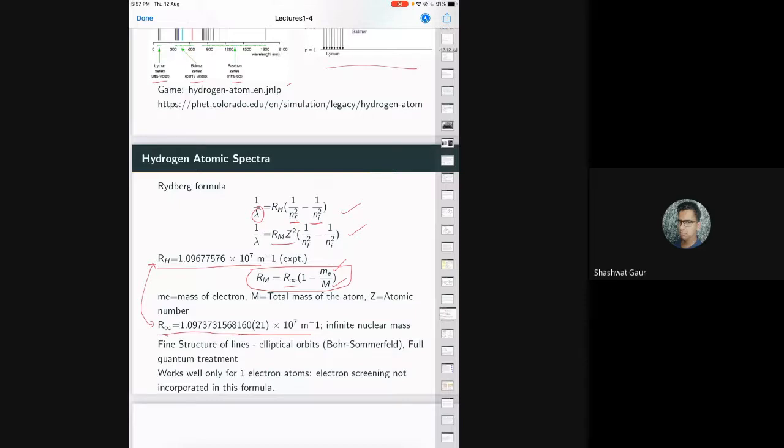So why is this constant called R infinity? This is called R infinity because if the nucleus had infinite nuclear mass, then Rm would be equal to R infinity. Okay, so if it is infinite nuclear mass, M becomes infinity. So me by M is 0 and Rm becomes R infinity.